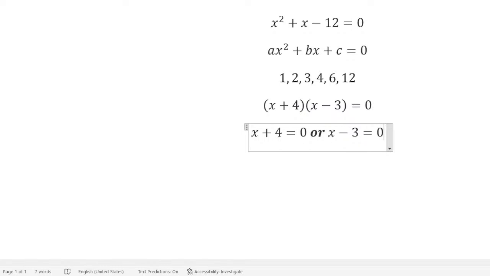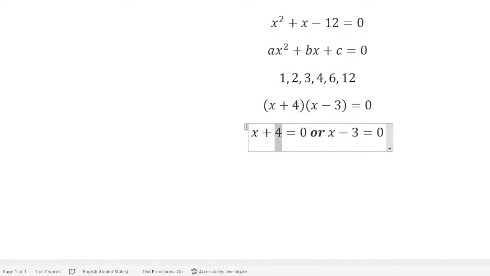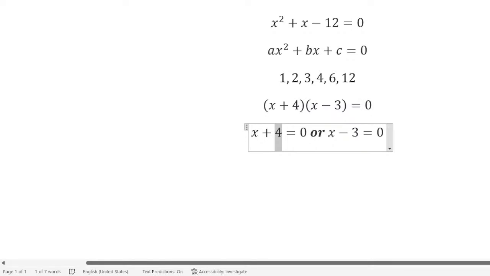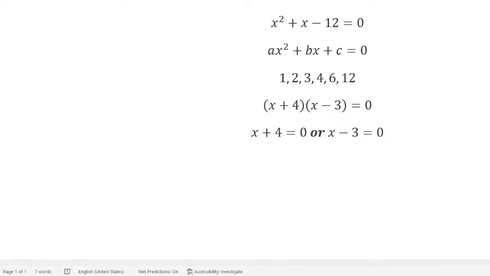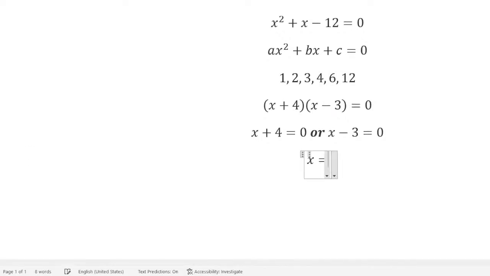Then now we have to transpose. We take the constant to the right hand side. So when you're transposing, you take a term from one side of the equation to the other side of the equation. So in this case, we're taking the positive 4 to the other side of the equation. So the positive 4 will change the sign and become a negative. So we'll have x is equal to negative 4, right?